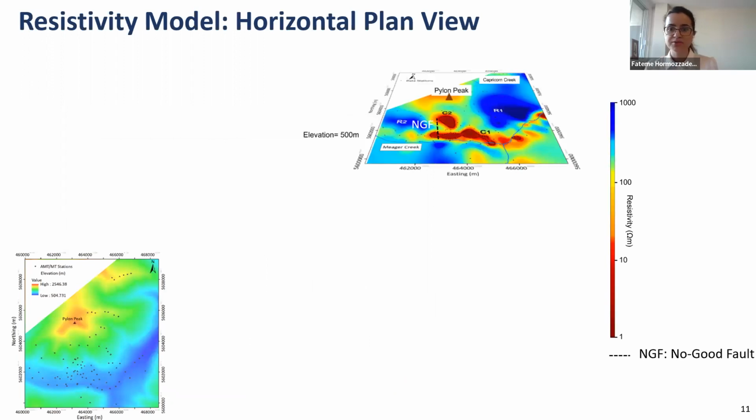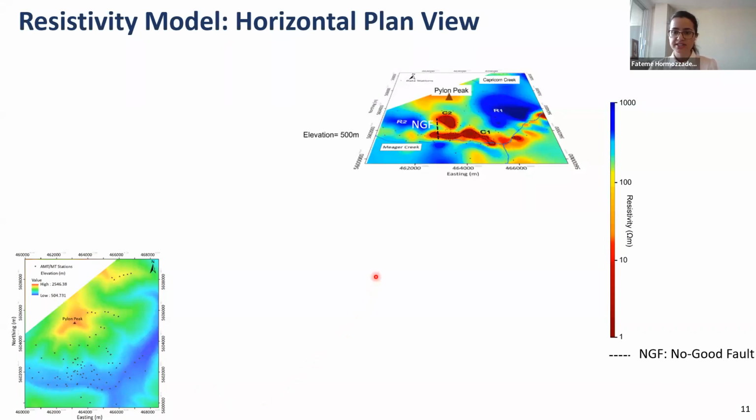So now I'm going to show you different elements of the model and their location and extensions in horizontal plan view, and how they can be related to the Nogood fault shown in this map. And this is also the location of stations and the elevation of the area.